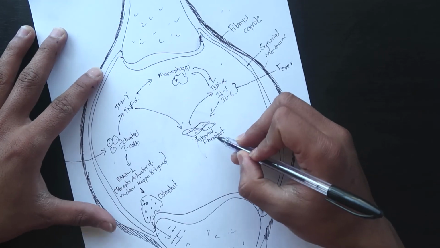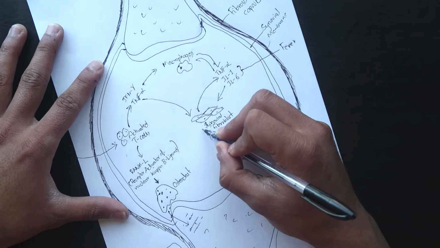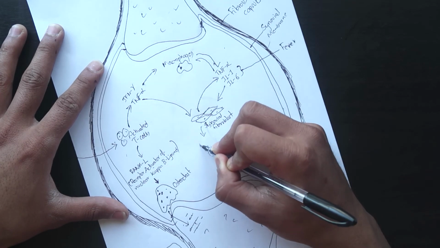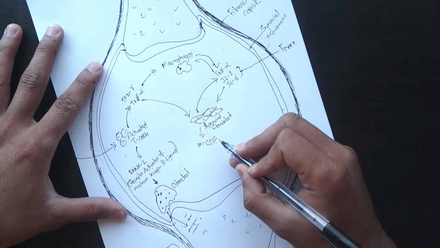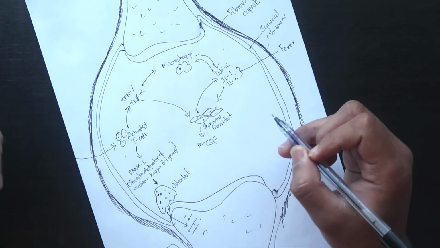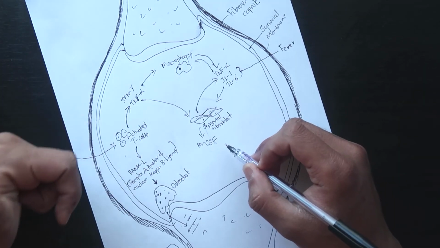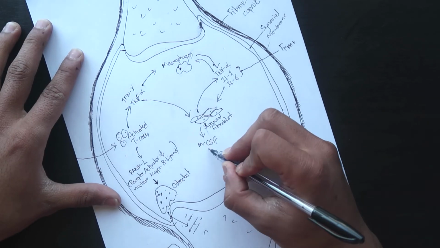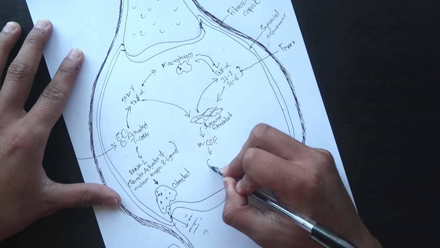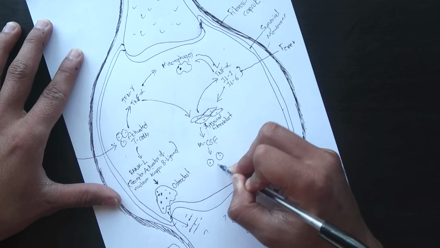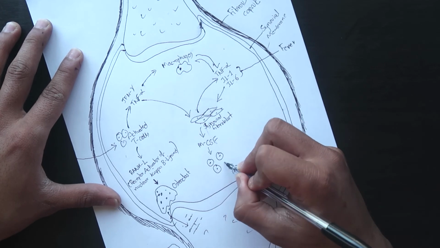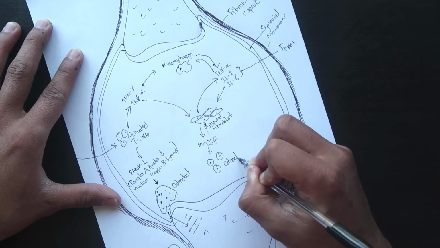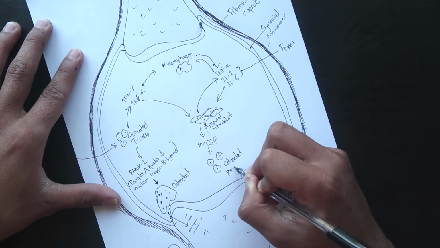Another thing these synovial fibroblasts can do is produce a substance called MCSF. MCSF means macrophage colony stimulating factor. MCSF can activate these cells here. So what are these cells? These are cells which are present in the bone, osteoclast precursor cells.